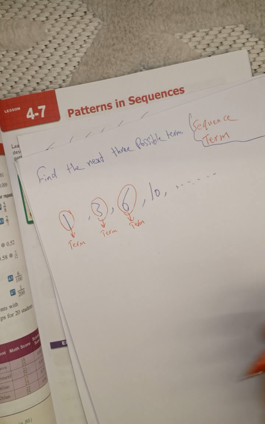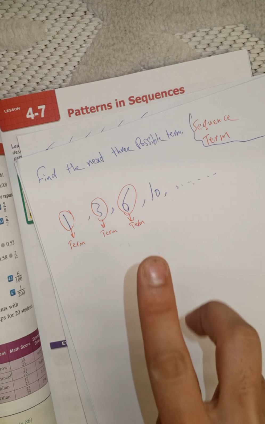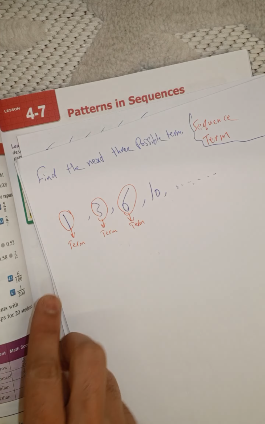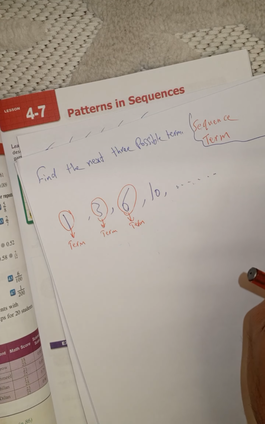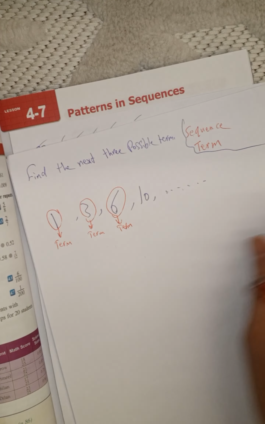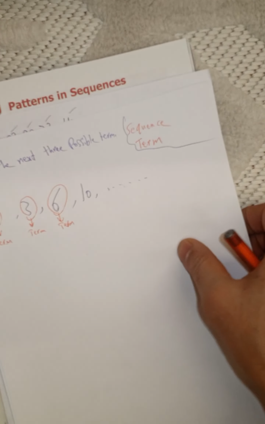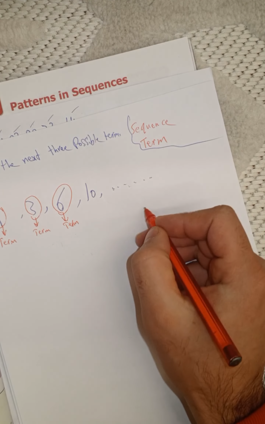Okay, how can we find the numbers? There are only 2 notes. First, look at the sequence. If the sequence is increased, that means either multiply or add. This is the first term. This is the first note. Let me write it here.